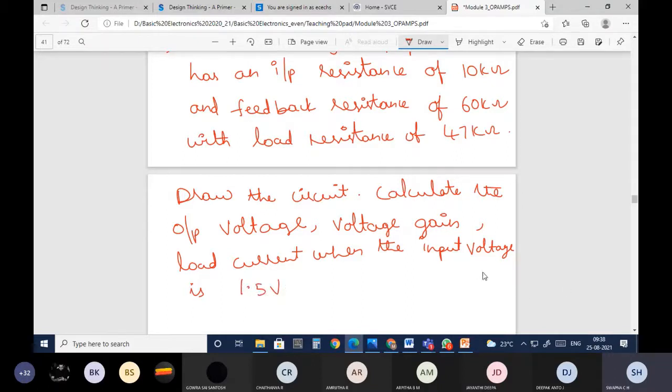So this is the question given for 8 marks.